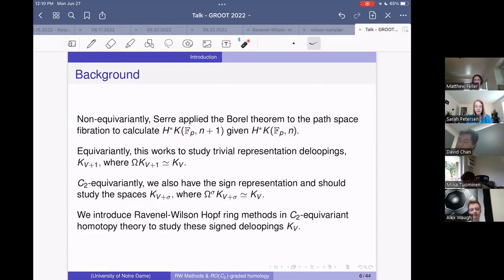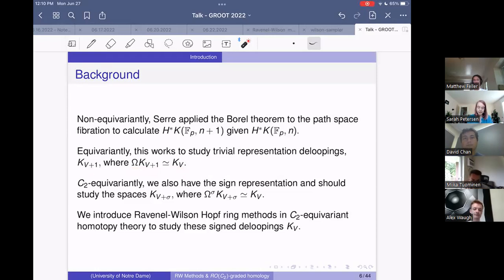And equivariantly, this works to study trivial representation d-loopings. So spaces K(V+1), where here V is some C2 representation, and we're adding a trivial representation to this. So specifically, loops on K(V+1) is going to be K(V).